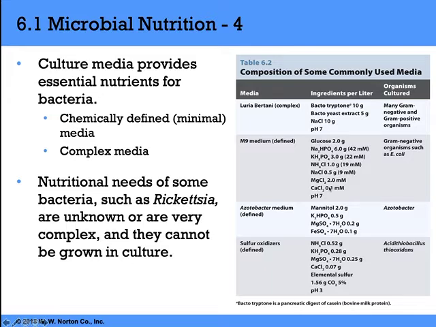Another example of defined media would be this sulfur oxidizer medium, right? You note that every component, we know the exact chemical composition. But wherever you see the use of an extract or something like tryptone or something like a broth, okay, or another undefined component, that's why we call it a complex media, okay?